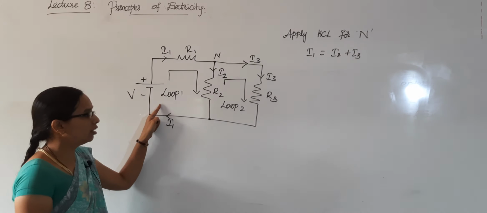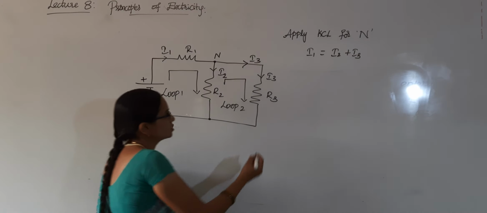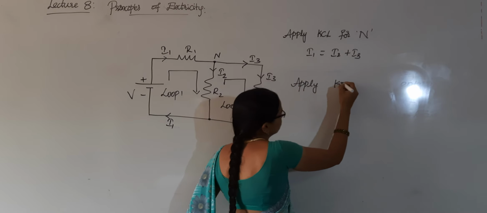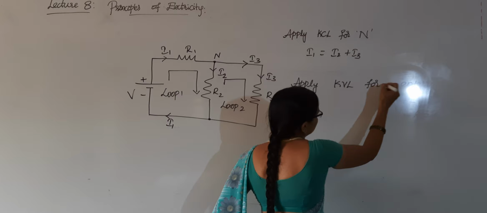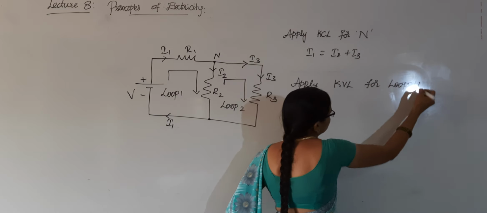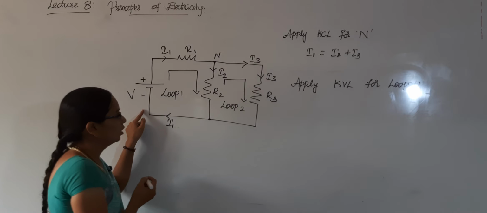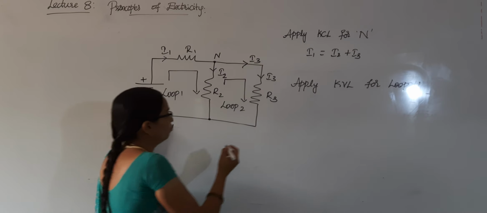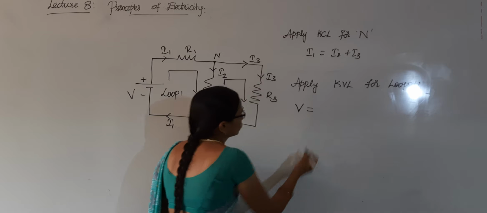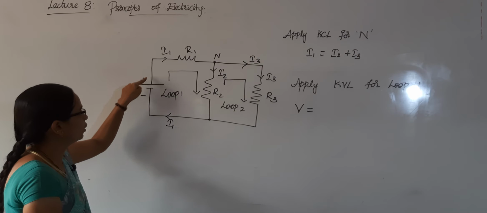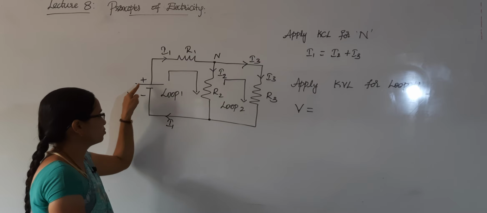Apply KVL for loop 1. What happens? See, here we are moving in this direction, negative to positive, which we have taken as positive.